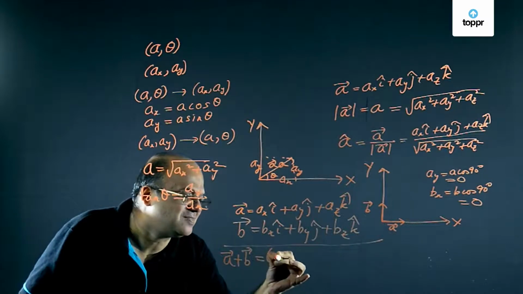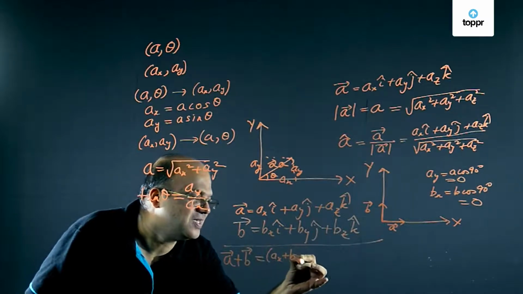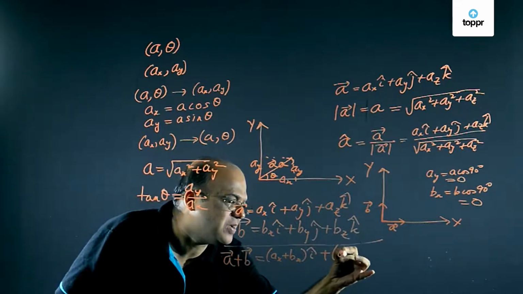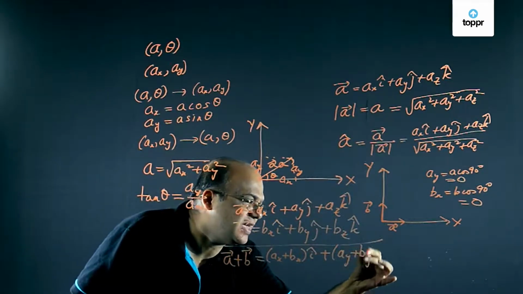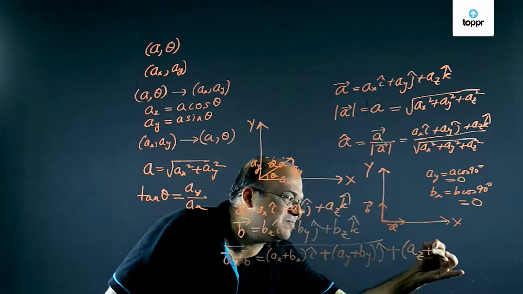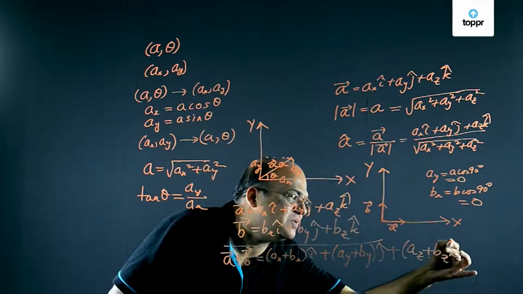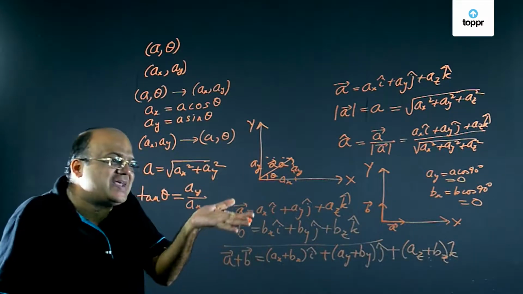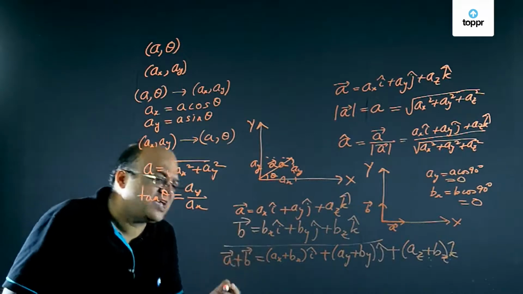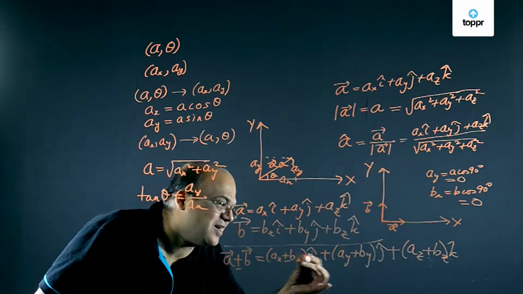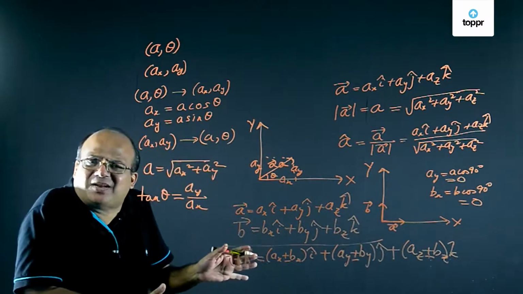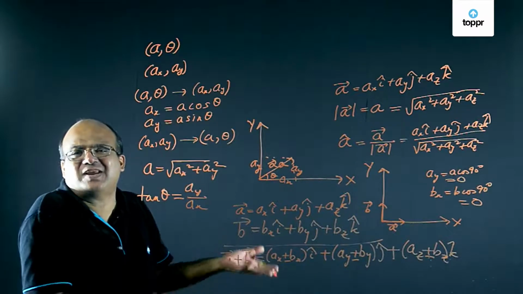So we'll get Ax plus Bx i cap. We can add the y components independently, Ay plus By j cap, plus Az plus Bz k cap. So components can be added independently. And the same way we can subtract. If you put a minus sign, addition becomes subtraction.